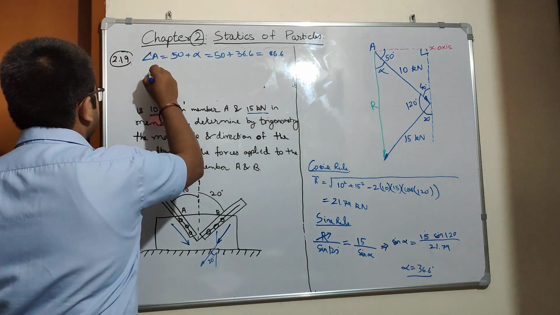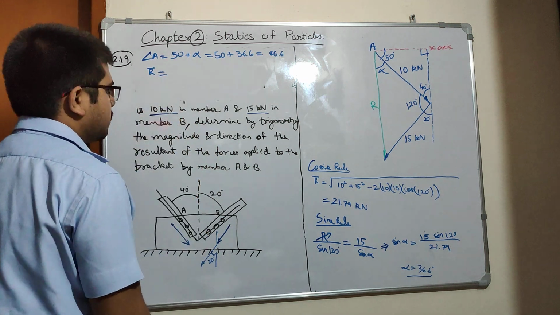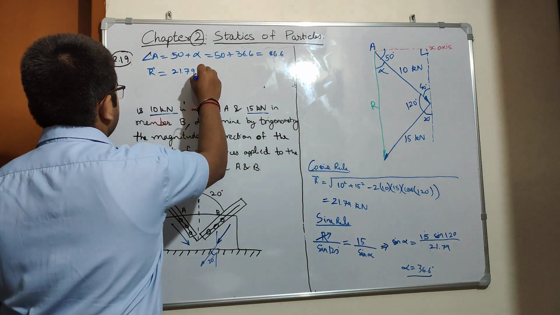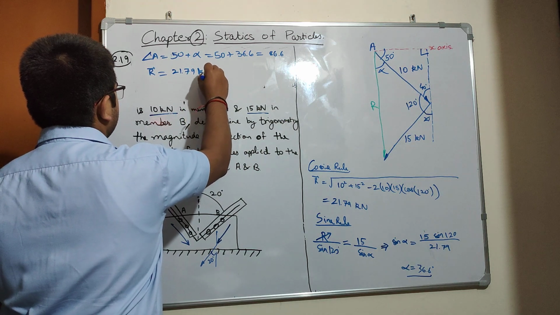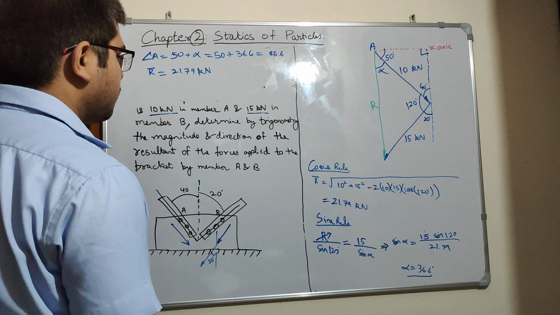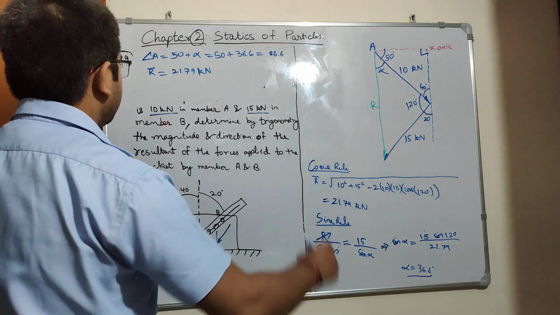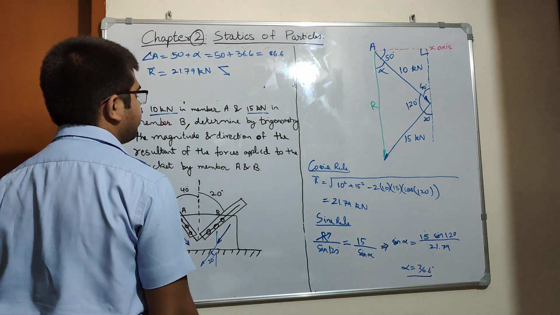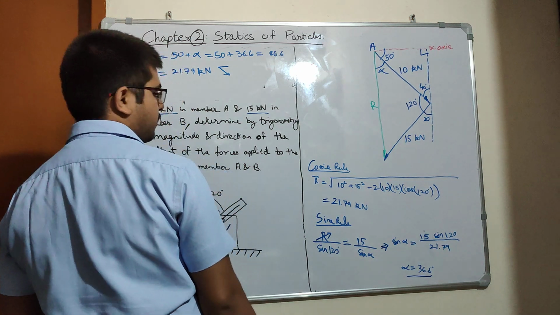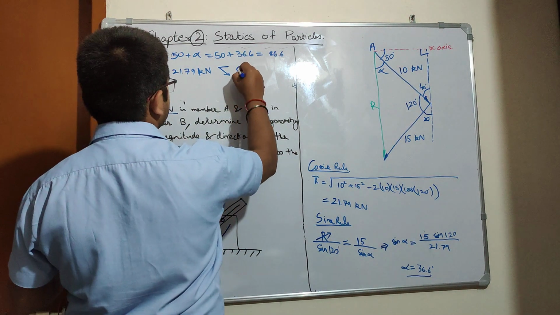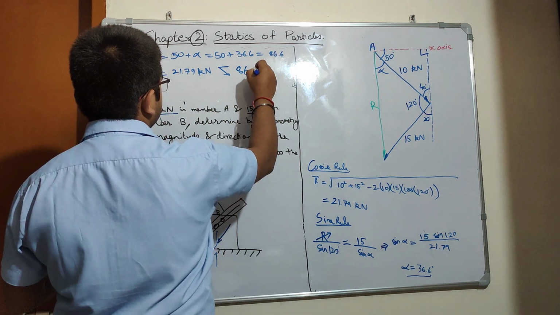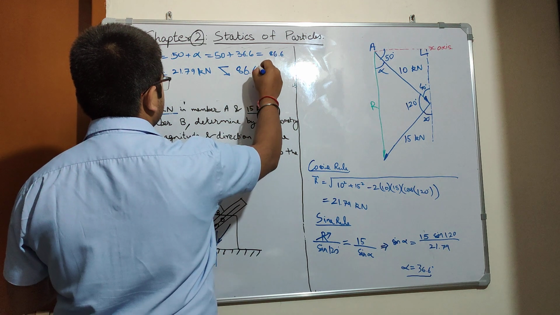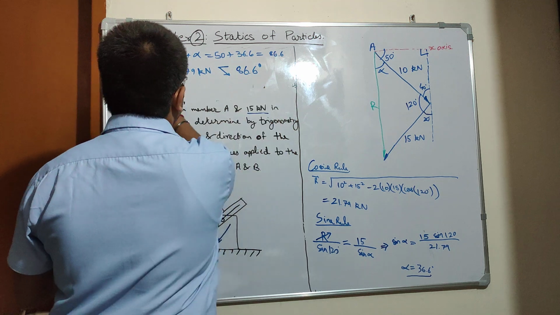So we have R vector equals 21.79 kilonewton, and it is acting in the direction like this at an angle of 86.6 degrees. So this is the final answer.